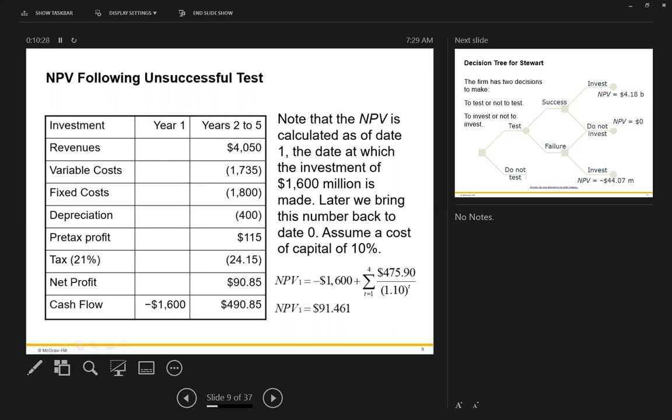So net present value under unsuccessful testing will be 91.461. We're just calculating net present value. What will be the result if we have a successful test? What will be the result if we have an unsuccessful test? And again, that information is given.